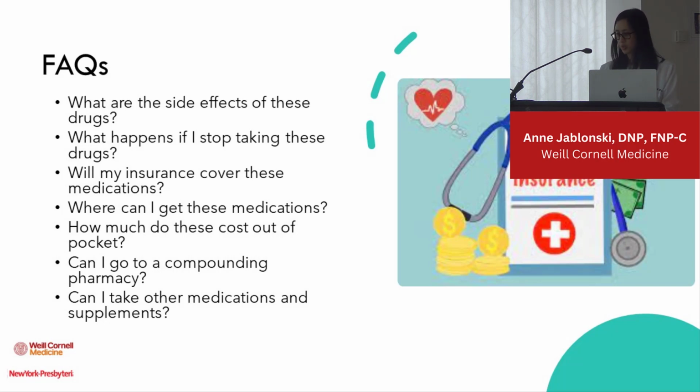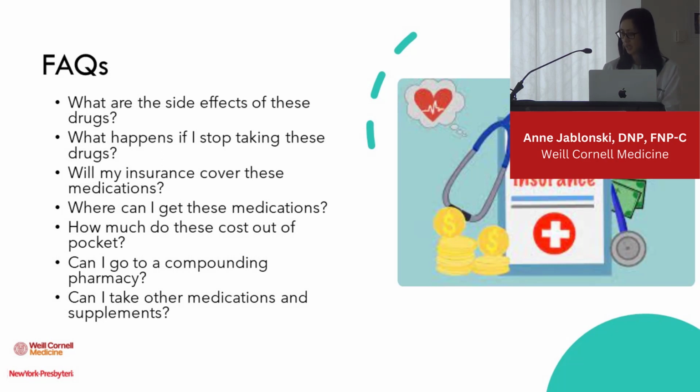If you have commercial insurance, it depends on the plan that the employer has opted for, as most people get their insurance through their employers. If the employer has opted for a plan that includes weight loss medication coverage, then it will be covered. If not, then it's called a plan exclusion. So in order to find out whether you have coverage, you have to call the employer, not the insurance, because the insurance will say it's covered when it's not.